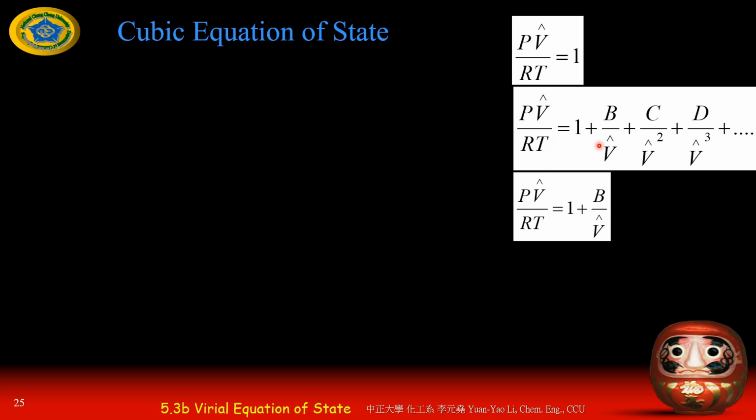As you can see, you modify the volume and temperature here. The cubic equation of state is an equation that is a function of the cubic volume, which is volume to the power of 3. That's why it's called cubic equation of state.